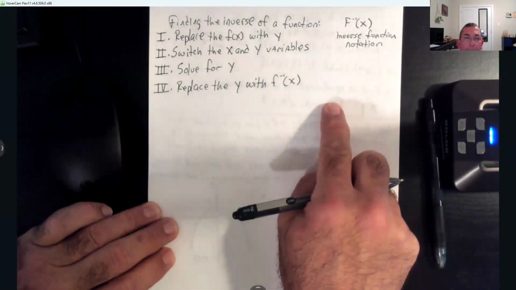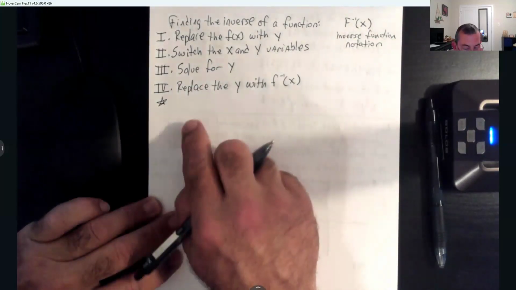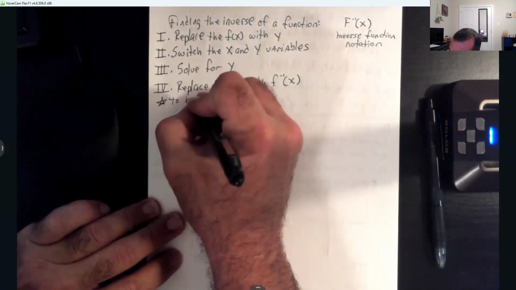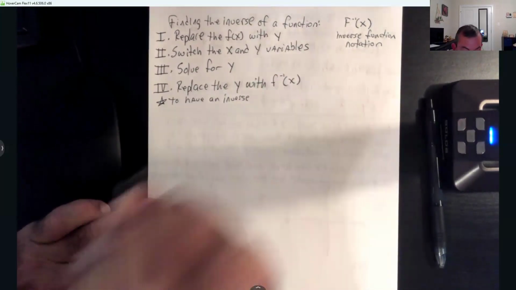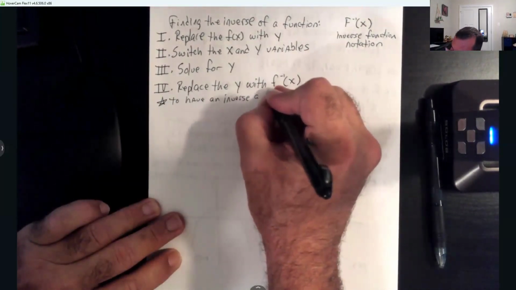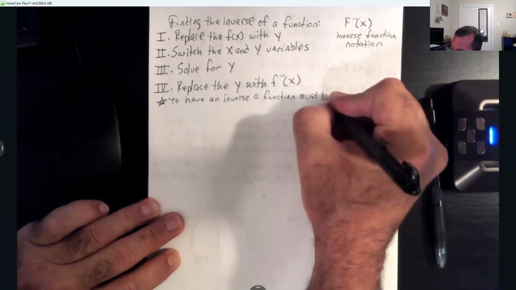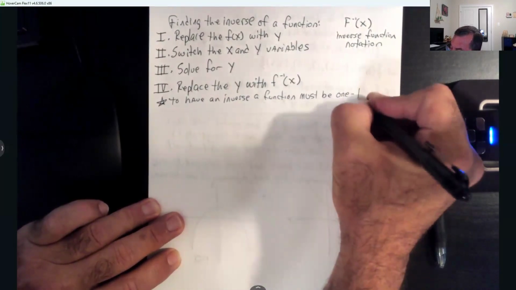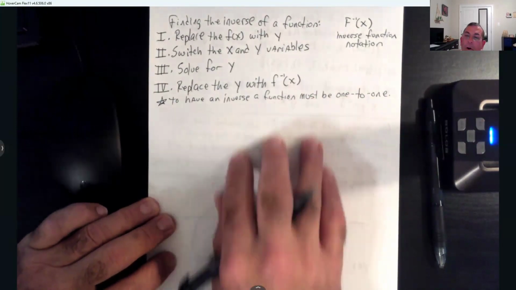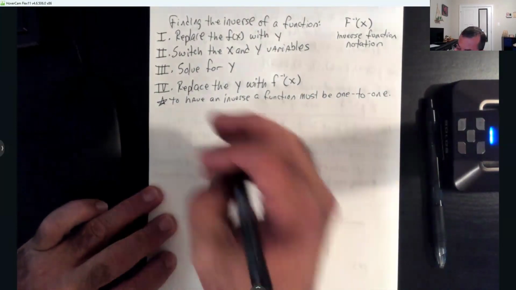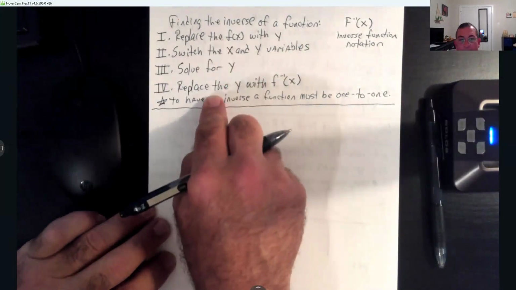Okay, and then I'll put a little star down here that says to have an inverse, a function must be one-to-one. But y'all don't worry, like I said on the homework, they're all going to be one-to-one, okay? That's the steps I'm going to follow every time.